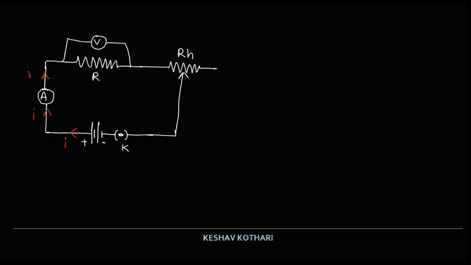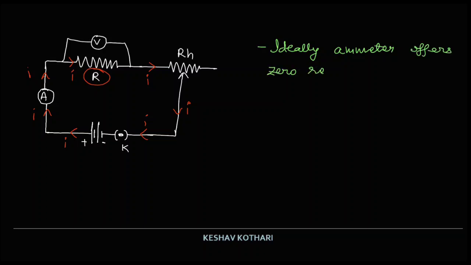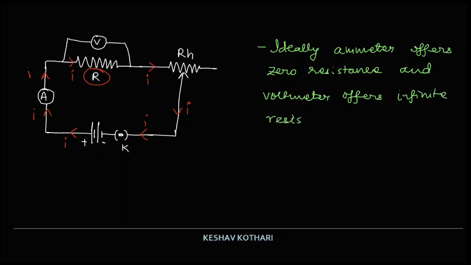So till now we have never considered that the current branches when it is flowing through this resistance R. There is no current that is branched into the voltmeter, because we are considering that ideally ammeter offers zero resistance and voltmeter offers infinite resistance.